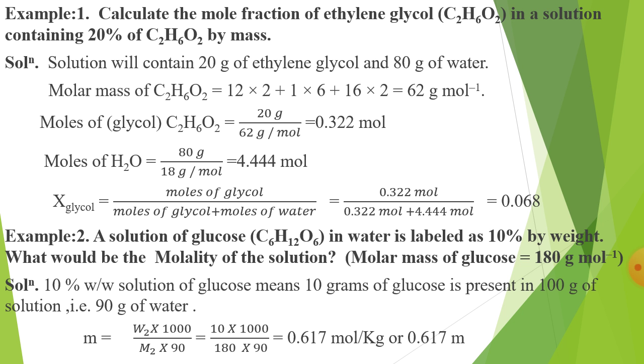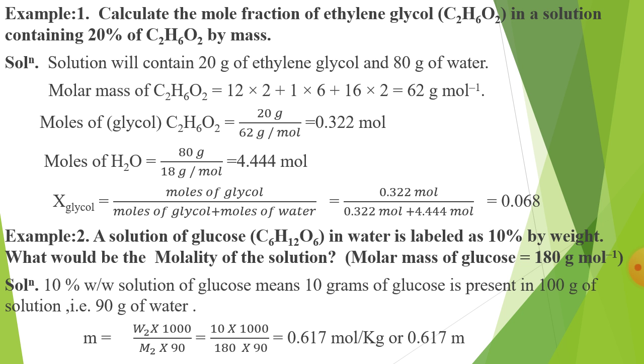After solving, we get the mole fraction of glycol as 0.068. If it also asks for the mole fraction of water, you can calculate it as 1 minus 0.068. By this, you can also calculate the mole fraction of water.